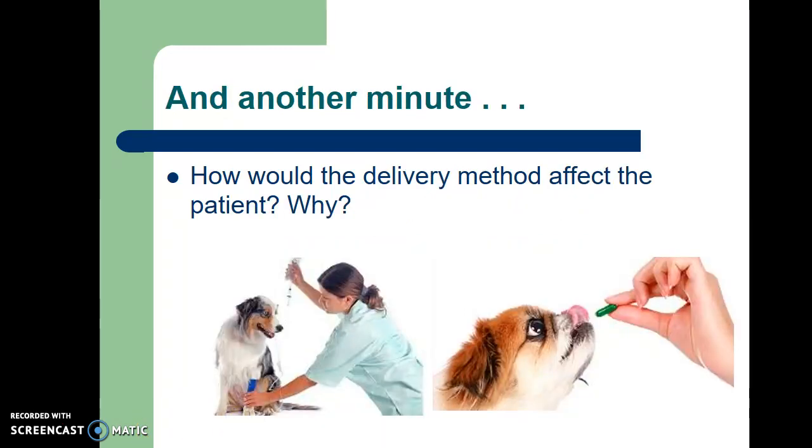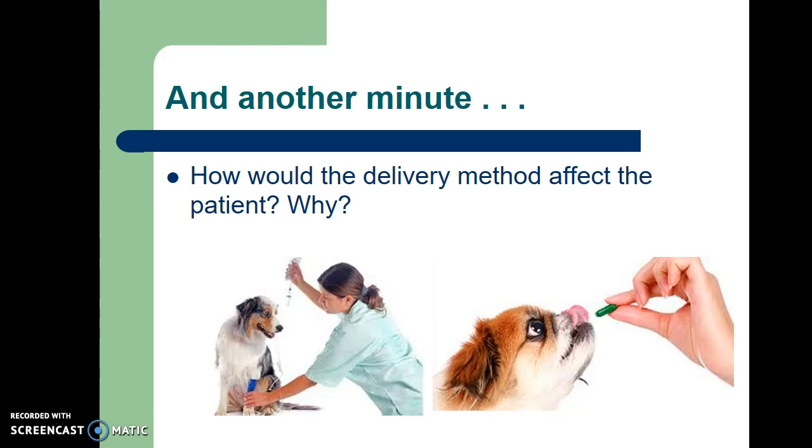All right, let's think about how we deliver a drug, and how that might affect the patient receiving the drug, and especially how fast it may act. So, if you look at our patient on the left, this dog is getting an IV infusion. I hope as a technician you're not actually holding the bag literally there.